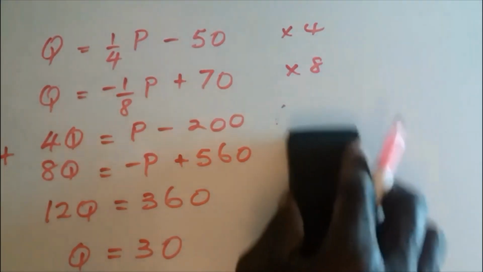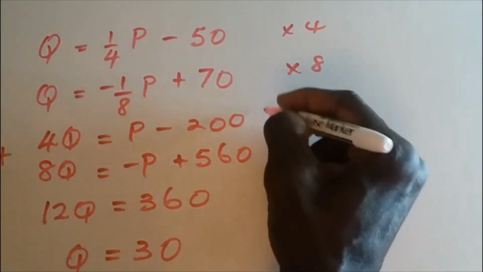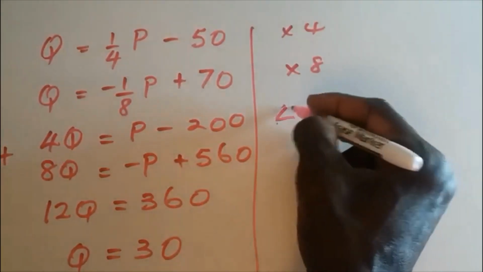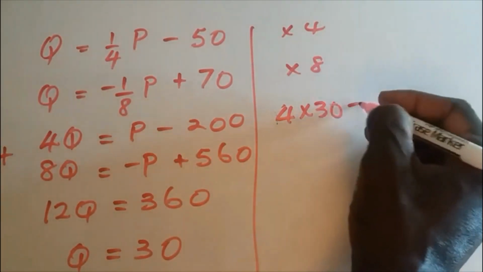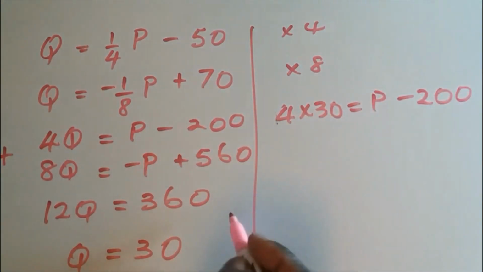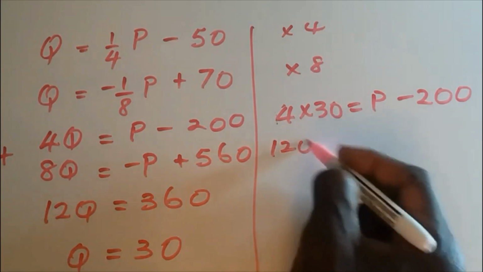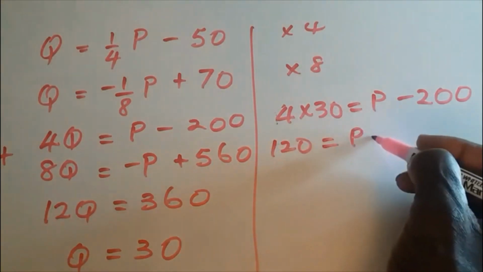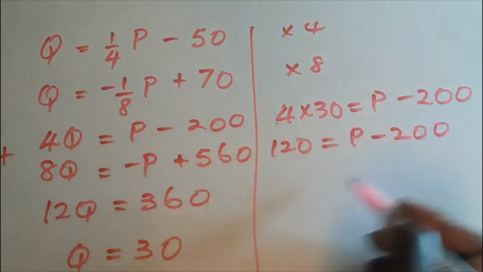4 times 30 is equal to P - 200. So we have 120 is equal to P - 200.